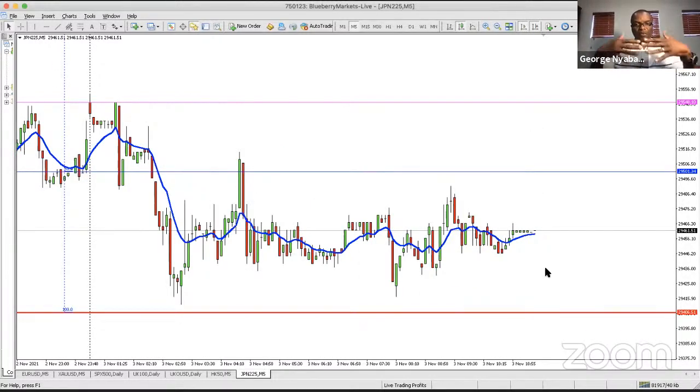Once I see a setup on the daily time frame, and I have my 60% bias, 100%, right? 60% of the times that I'm looking for shorts, for example, on the Nikkei 225, I don't change that during the day, okay?